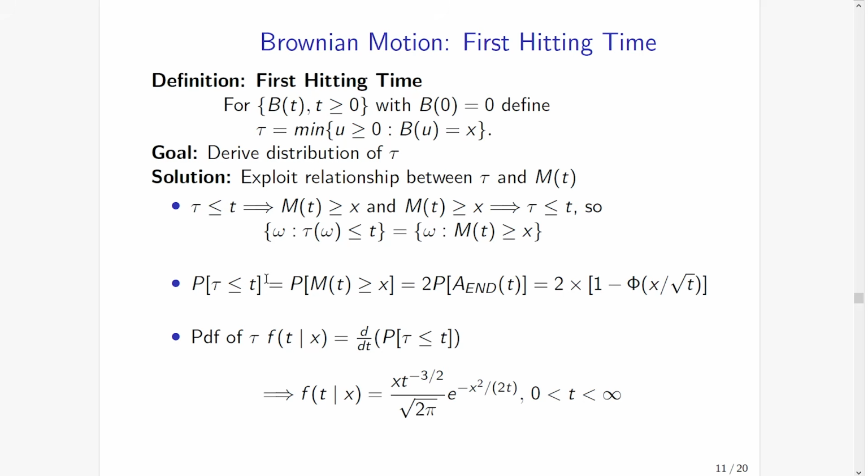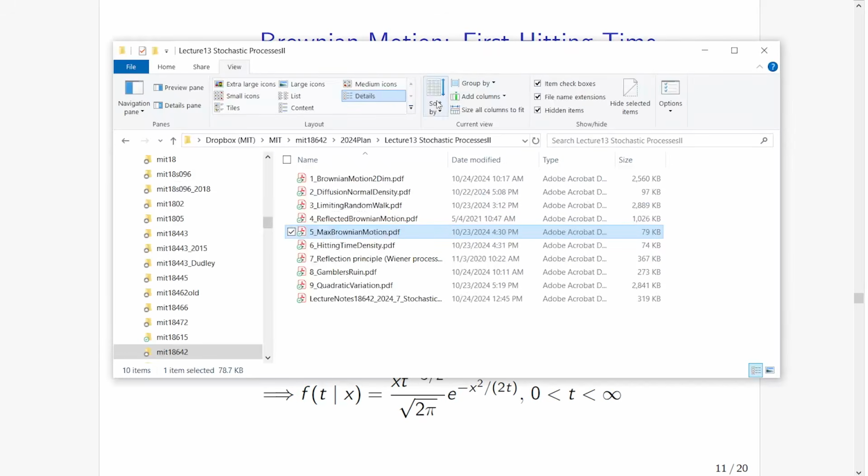And we can differentiate this with respect to t, and we get this density function for the stopping time for hitting a given level x.